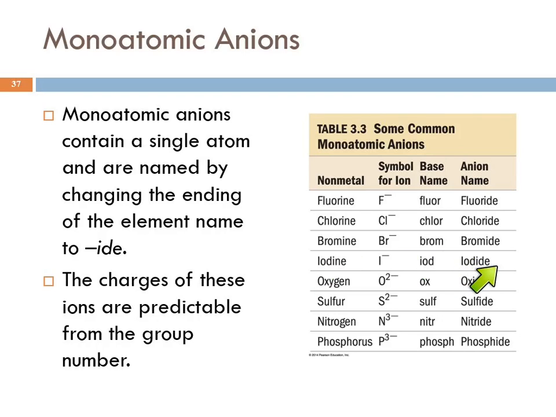Iodine becomes iodide. Oxygen becomes oxide. Now, you'll notice that it's not always strictly just taking off the end. It's not oxyide. The Y disappeared as well. On nitrogen, the OG also disappeared. But generally, you take the element's name and you change the ending. And so those are names of the monatomic ions.